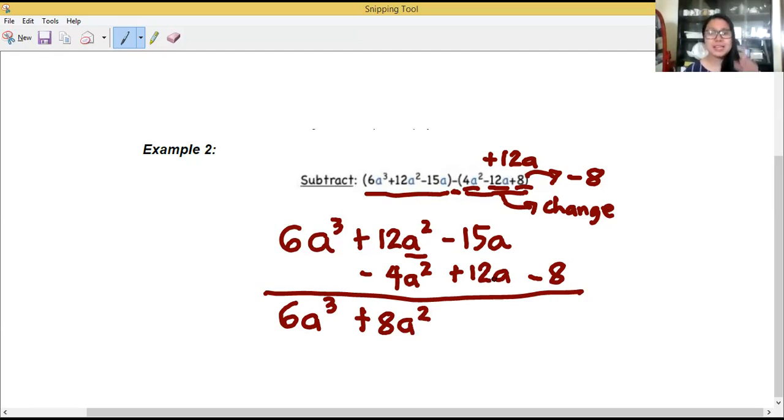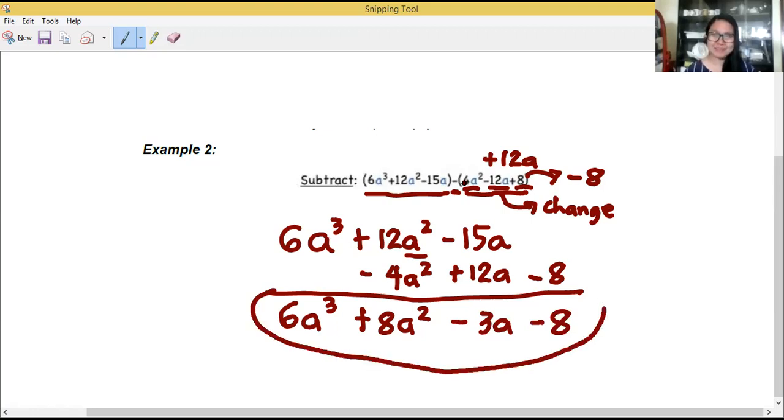Remember, same signs add and keep, different signs, subtract them. 15 minus 12 is 3a. Copy the sign of the greater number. What's the greater number? Negative, so negative 3a. Then the last is minus 8. This is now our answer. Do you have any questions?